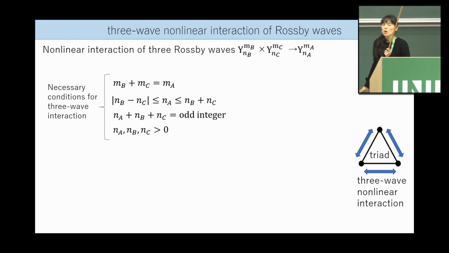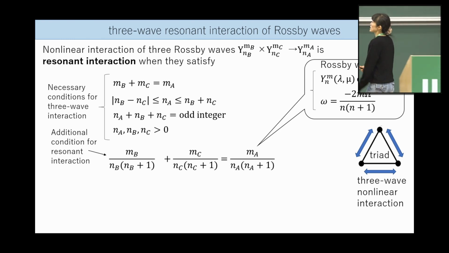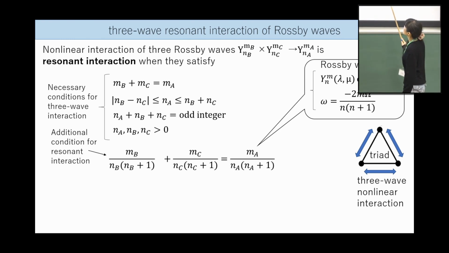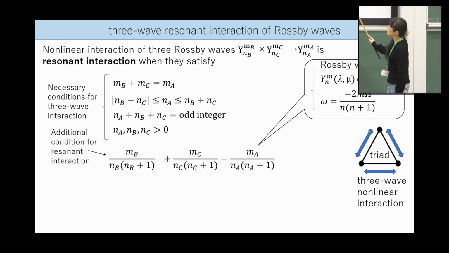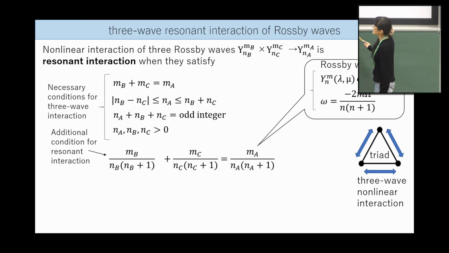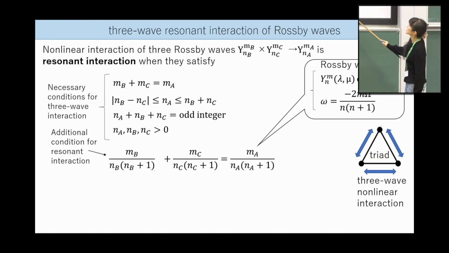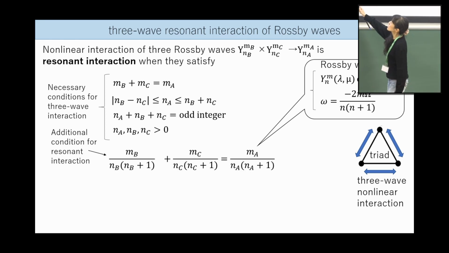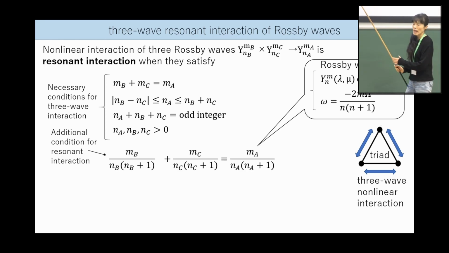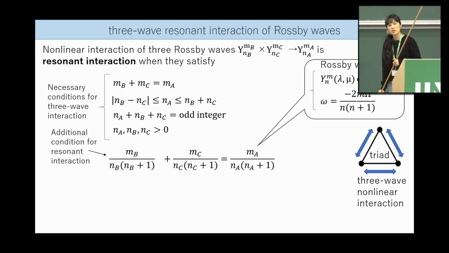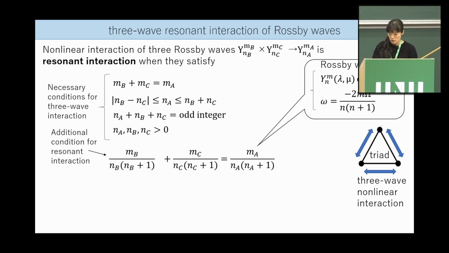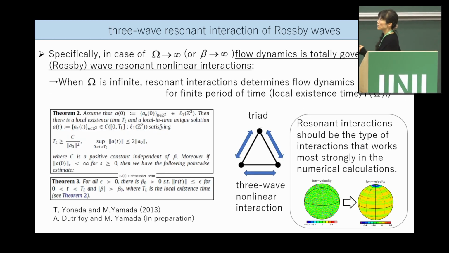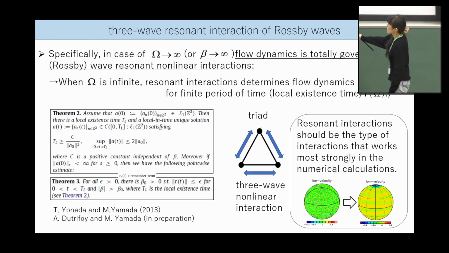And if one additional condition is satisfied, which is the condition on the frequency of the Rossby waves, meaning that the sum of the frequencies of wave B and C is equal to the frequency of wave A, then this nonlinear interaction is called a resonant interaction. This resonant interaction is considered to be very important in this system because we have a very clear theorem.